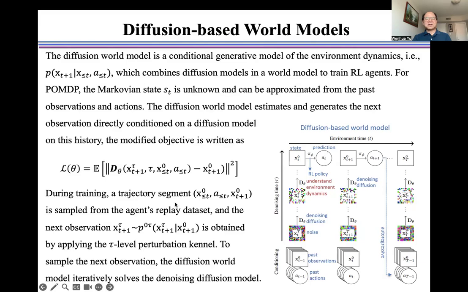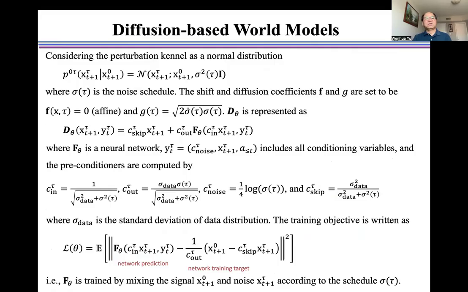During training, a trajectory segment is sampled from the agent's replay dataset, and the noisy next observation x_{t+1}^tau is obtained by applying the tau-level perturbation kernel. To sample the next observation, the diffusion world model iteratively solves the denoising diffusion model.